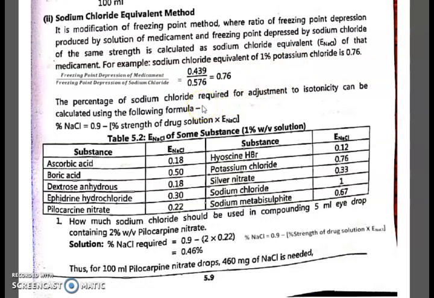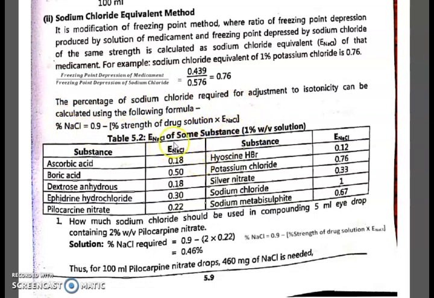Now, in this method, the percentage of sodium chloride required for adjustment to isotonicity can be calculated using the following formula. Percentage NaCl required equals 0.9 minus percentage strength of drug solution multiplied by equivalent NaCl value of drug.